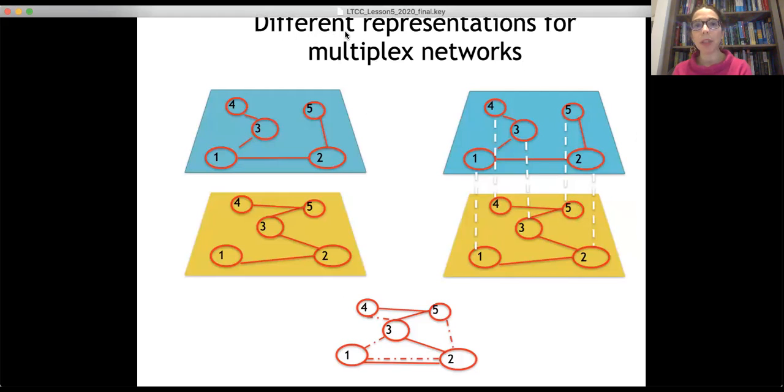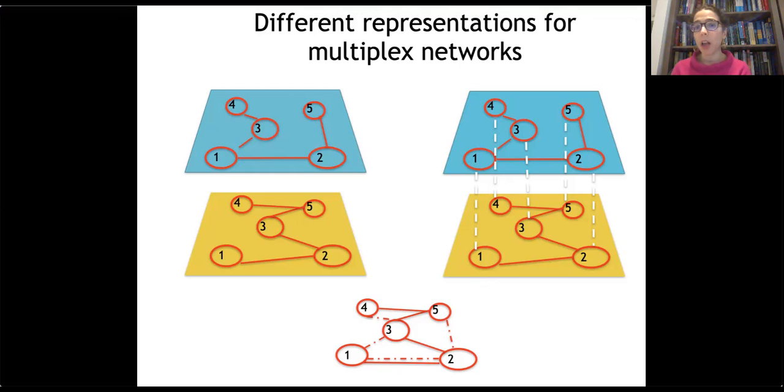So you can have different representations for multiplex networks. You might want to aggregate the layers and then just distinguish between the different types of interaction, like in a colored graph, or you might want to introduce interlinks, so links connecting nodes in different layers, and also attribute a different meaning to them.